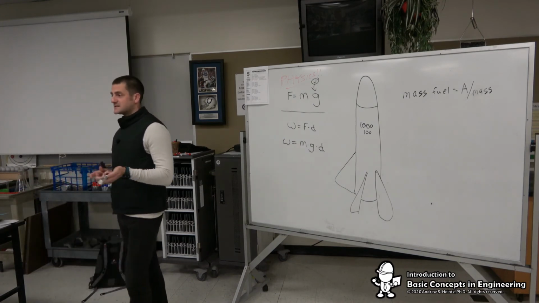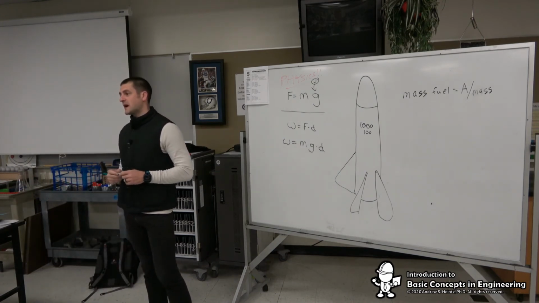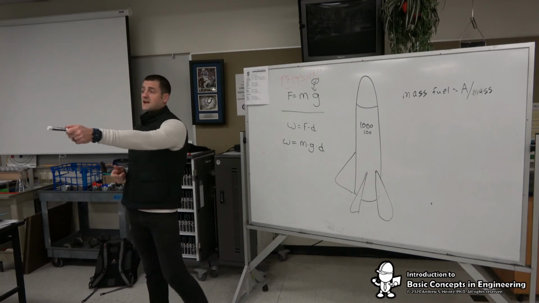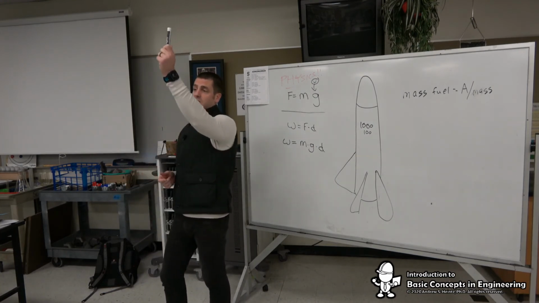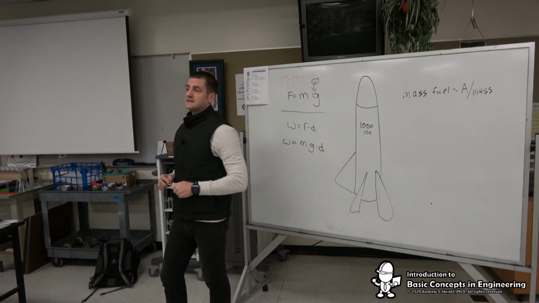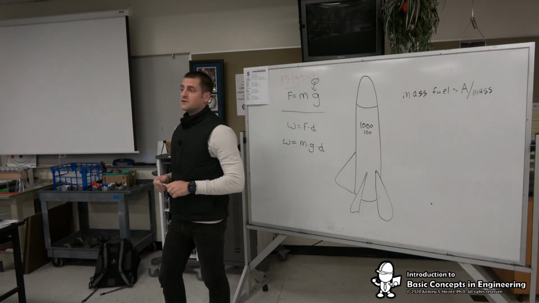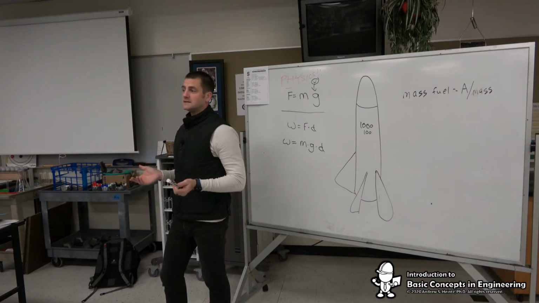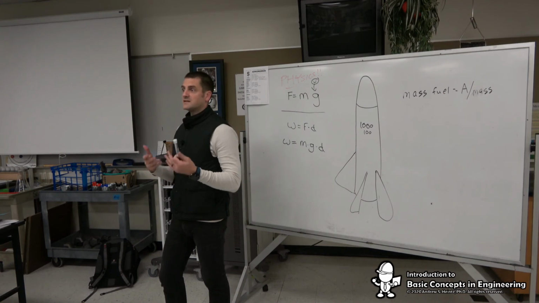So it's not just the amount of fuel that we need on the ground, is it? Because if our rocket gets into space and it's got extra fuel left, what did we just do? Wasted a ton of money, right? Because we spent fuel lifting something that we didn't need to lift.